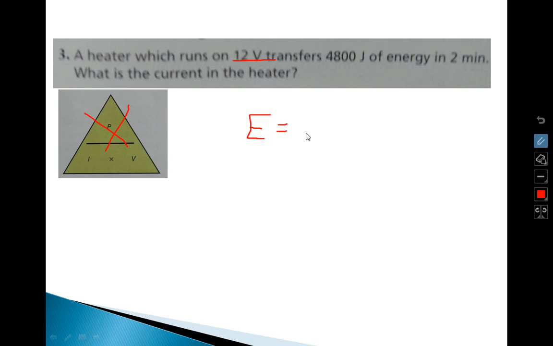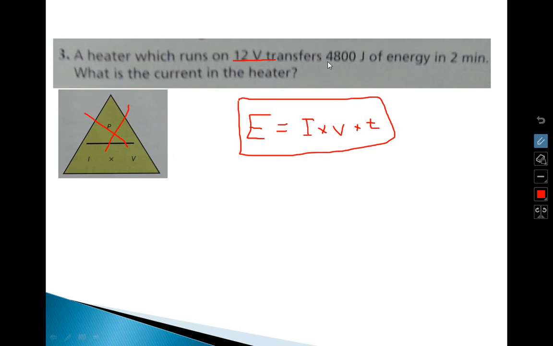E is equal to I times V times T. Energy is equal to I, current, times volt times T. You can find it in the last slides before we start solving the questions. We put the wrong one here. E is equal to I times V times T.